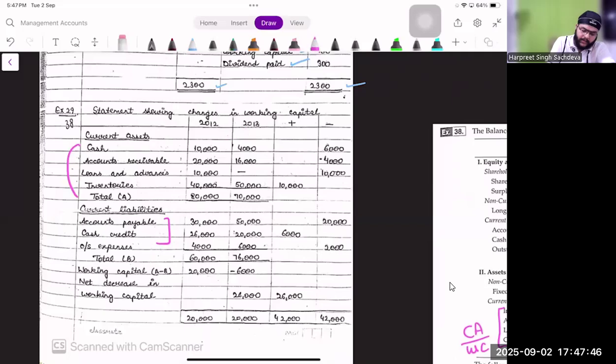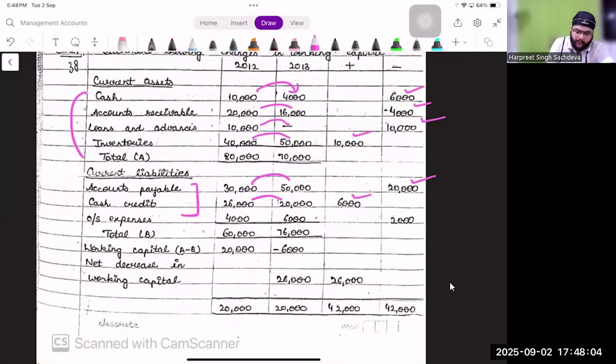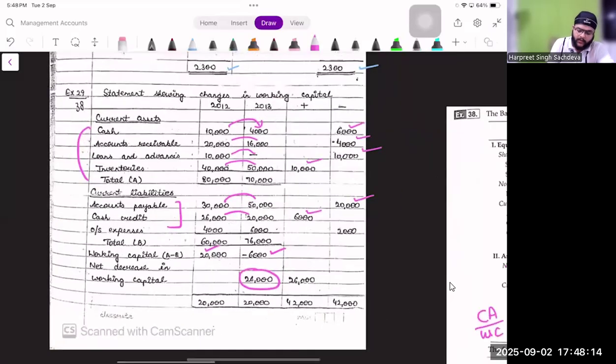Then if current asset is decreasing, you will minus; if increasing, you will plus. Current liability increase then minus, decrease then plus. ठीक है. Working capital is clear. Opening working capital is 20,000, closing is -6,000, so it is decreasing. So net decrease in working capital is 26,000, and the second column value will move to the third column, and the totals of all the columns will match.